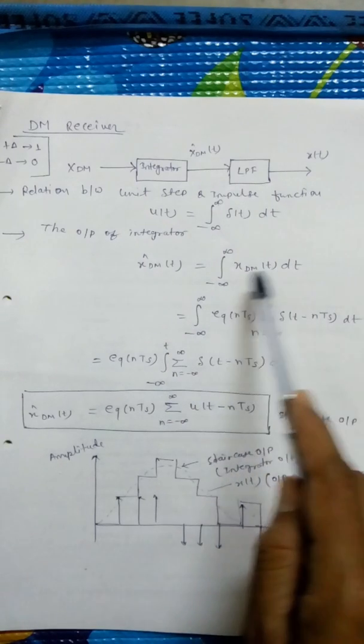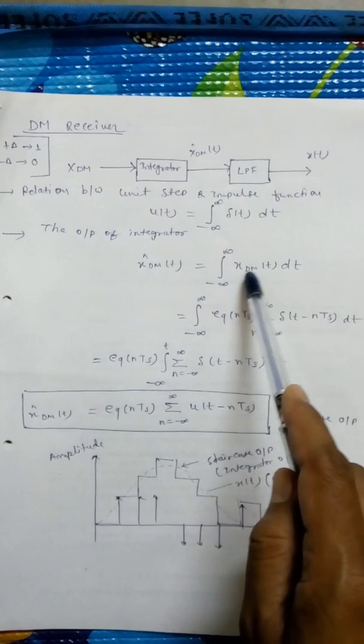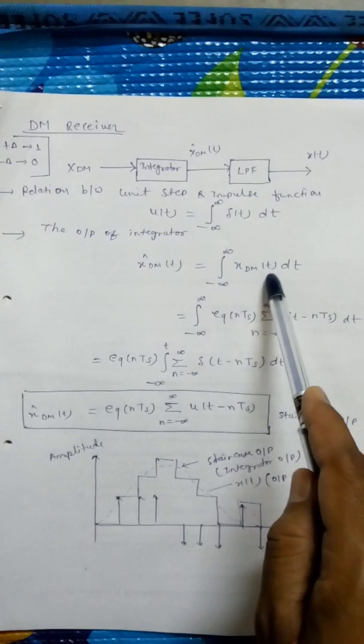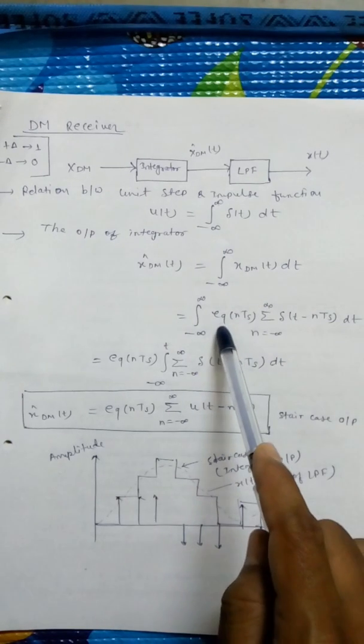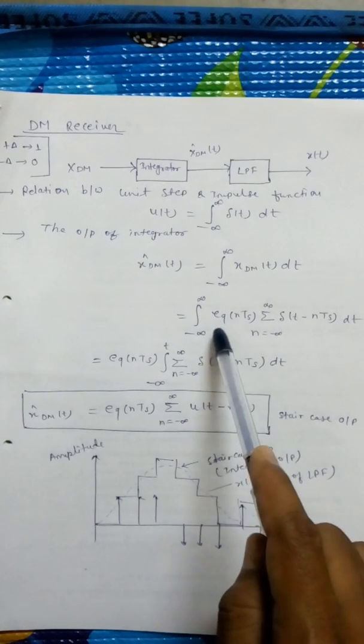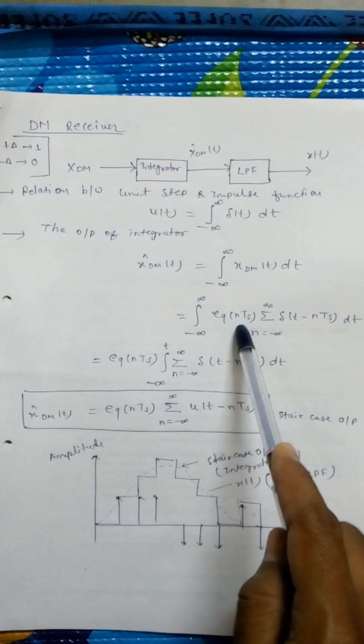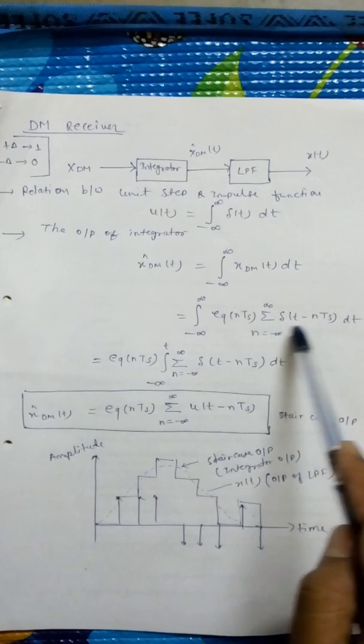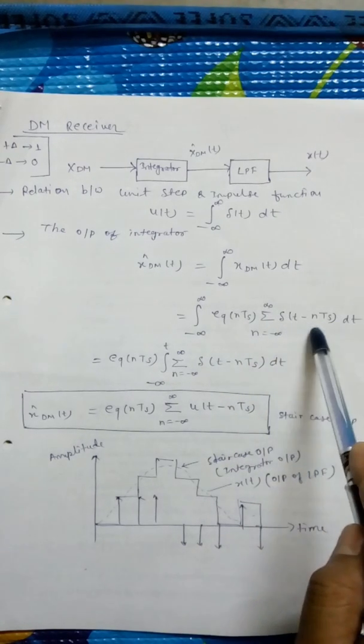Now we have to put the values of xdmt. So what is xdmt? Xdmt is nothing but our sampled version of the quantized error signal multiplied by the impulse train.